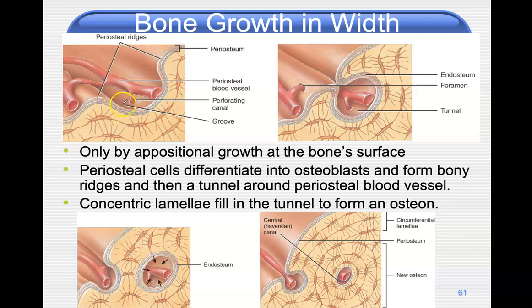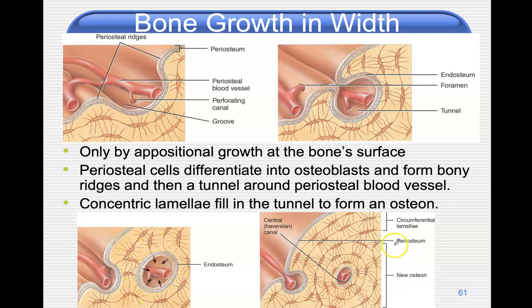As they differentiate into osteoblasts, they're going to form these bony little ridges, as you can see pushing in. Then they'll eventually form a tunnel around some of these periosteal blood vessels that were running through the periosteum, and then form these concentric lamellae.